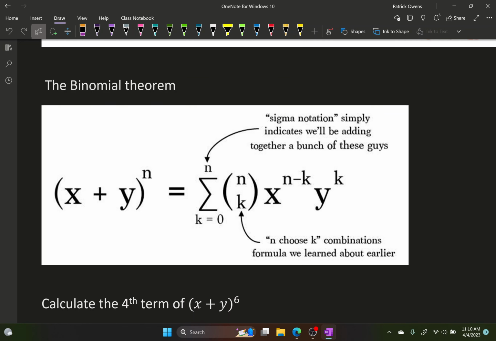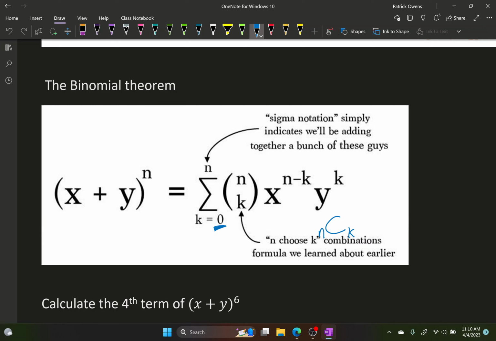x plus y to the nth power is going to be equal to this sigma notation, which is adding together these terms. We start with k equals 0, which is important, and then this is going to be nCk.